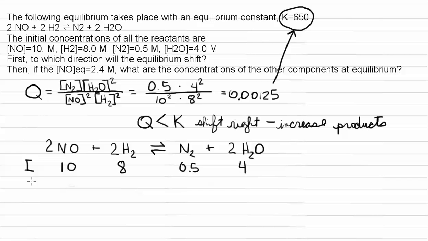The change. We know our equilibrium is going to shift right because Q is less than K. We're going to increase our products. They get plus signs. We are going to decrease our reactants. They get minus signs. We're going to decrease by the amount of the coefficient. That comes into play again. So our change here for the NO is minus 2x.